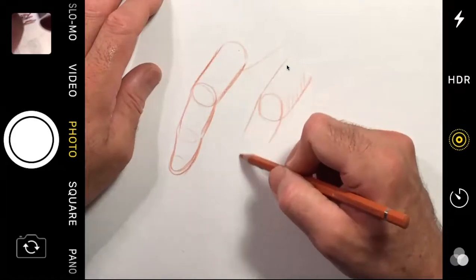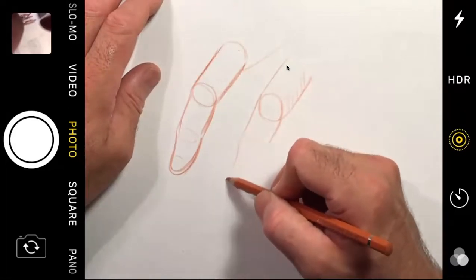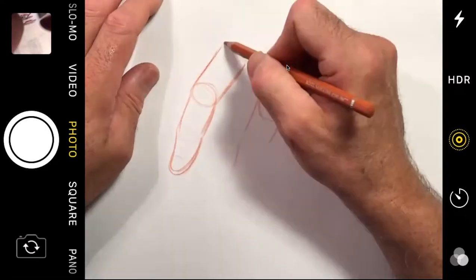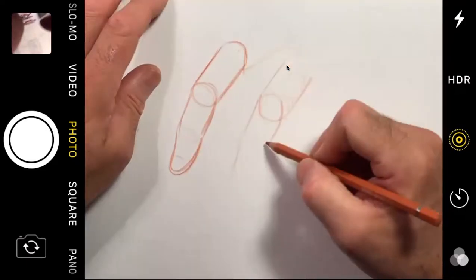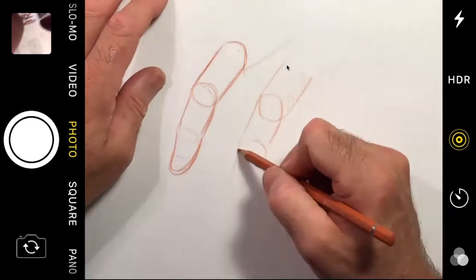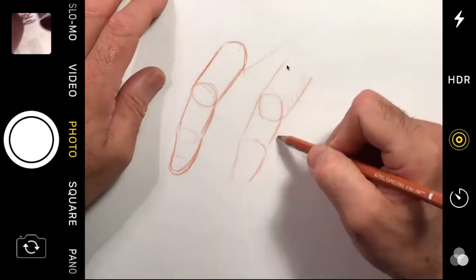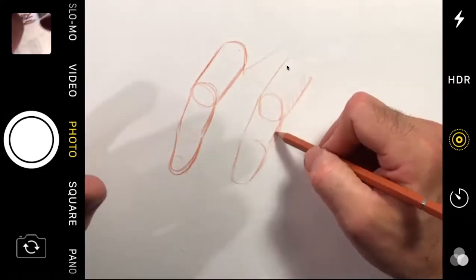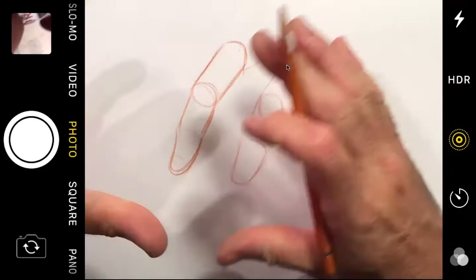And then I repeat the whole thing, or simply modify this. And that looks more organic. This is more metallic, very idealized.